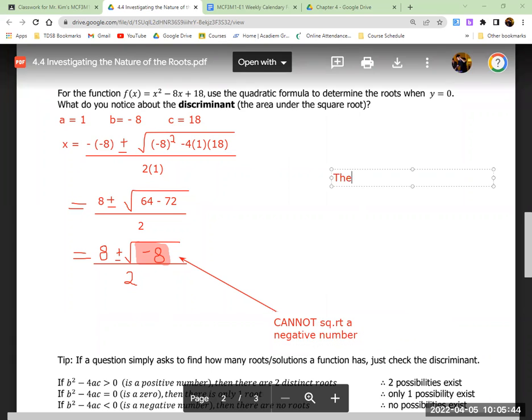Okay, so you say therefore, when the discriminant is negative, there is no root. I'll just say no root.